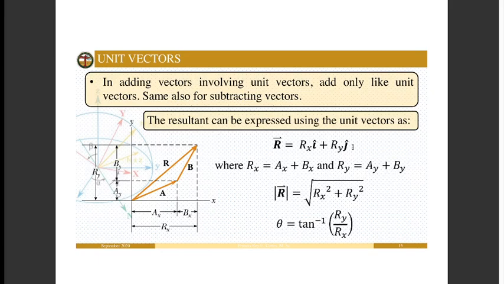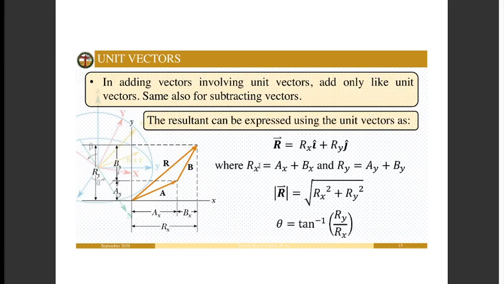And to find the magnitude, same lang din, you have to take the square root of the sum of the squares of the components of your resultant, rx and ry, and taking the direction which is your theta, inverse tangent, we have ry over rx.